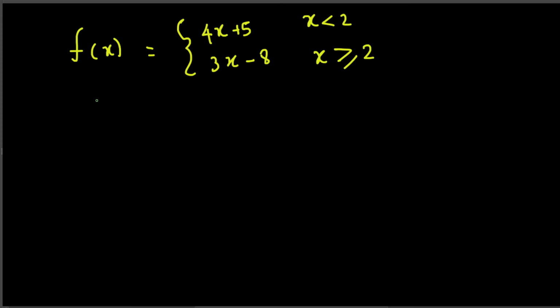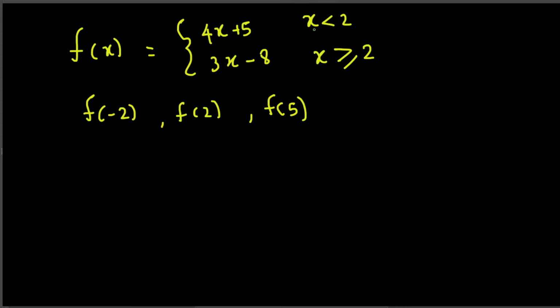Now let's say there are some questions asked: find f of minus 2, f of 2, and then f of 5. First one is f of negative 2. F of negative 2 comes under when x is less than 2, because negative 2 is less than 2.